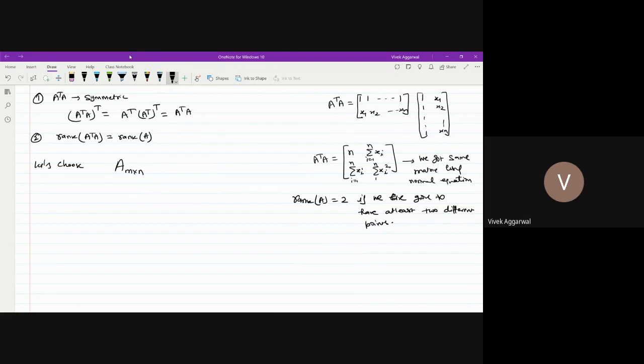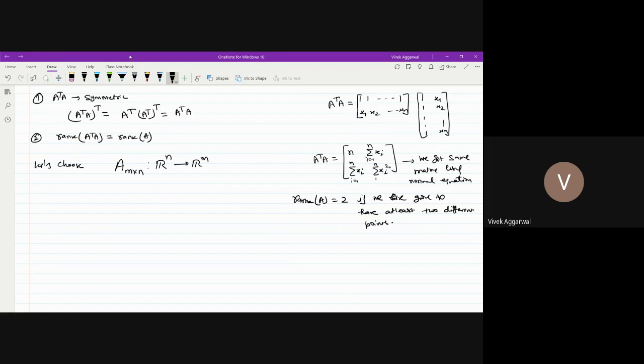I'm doing this one for the general matrix of order m cross n. So now we know that if you treat this matrix as a linear transformation, then it is always a linear transformation from Rn to Rm. That is a linear transformation we know.